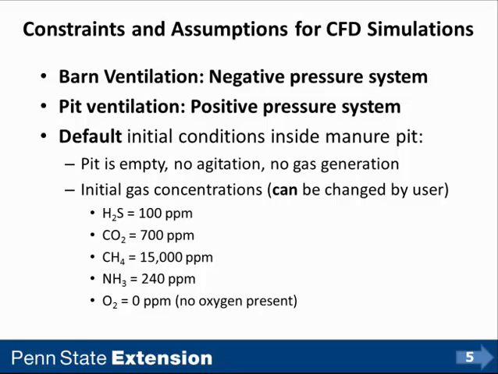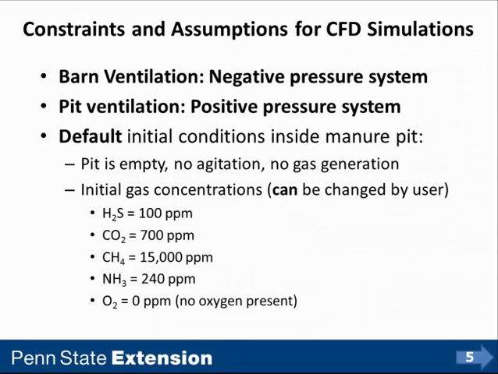The initial gas concentrations, the default conditions are 100 parts per million of hydrogen sulfide, 700 parts per million carbon dioxide, 15,000 parts per million of methane, and 240 parts per million of ammonia. Any of these noxious gas levels initial conditions can be changed. If you have a monitor or a gas detector and it tells you that your CO2 level is only 500 parts per million, you can certainly override the defaults.